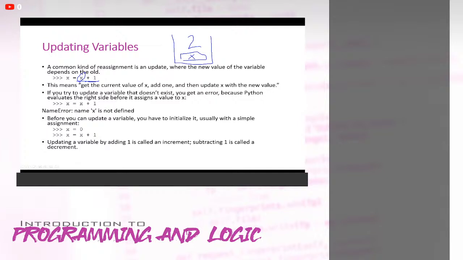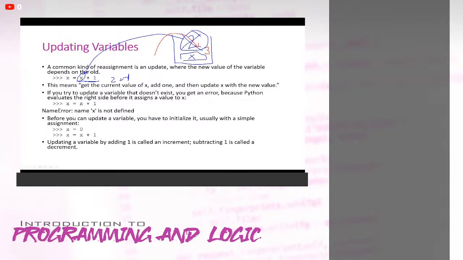So at the point where our interpreter gets to this value x here, it says, oh, okay, I know the x variable's here. I can go get that 2, bring it back. 2 plus 1, that's 3. And we're putting it in where? Oh, we're putting it in the x variable. So that means I can take this value out of it and put 3 into it now. So that's why that works.